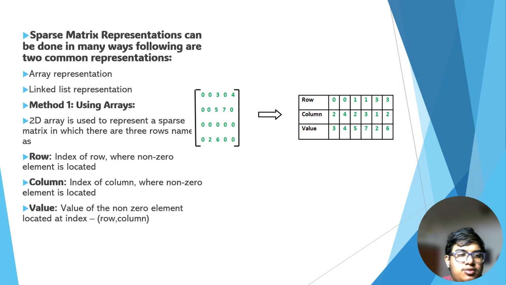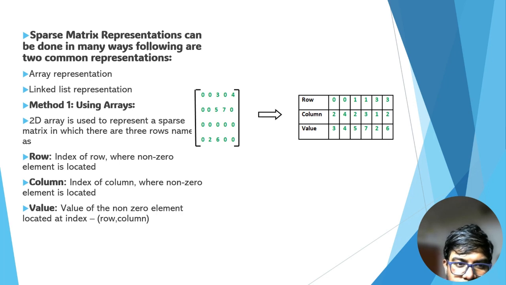A 2D array is used to represent the sparse matrix, in which the row index, the column index and the values are mentioned. If you look at the box here, the row says 0, meaning the topmost row, which is index 0.